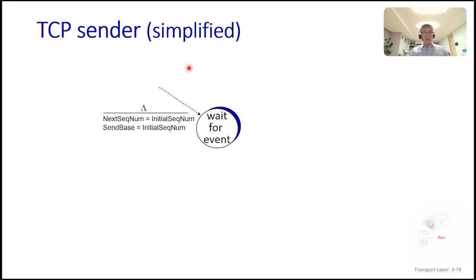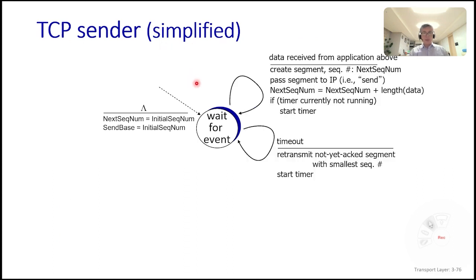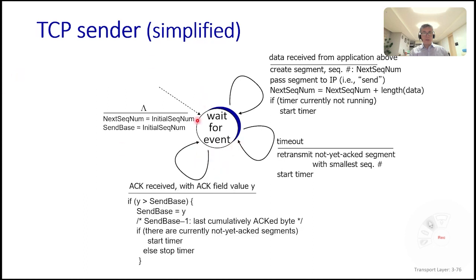For the TCP sender case, we also have a state transition diagram here, according to the previous RDT. Data received from the application layer creates a segment. We randomly select a sequence number and then send the segment to the IP layer.